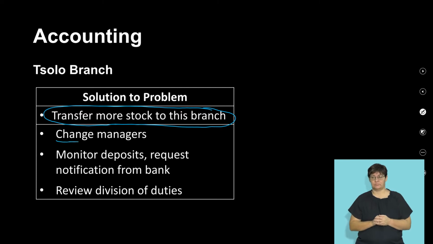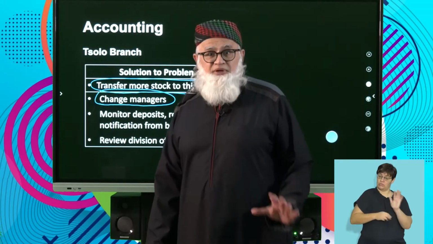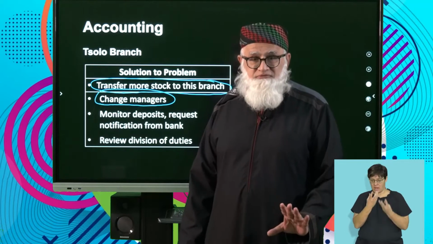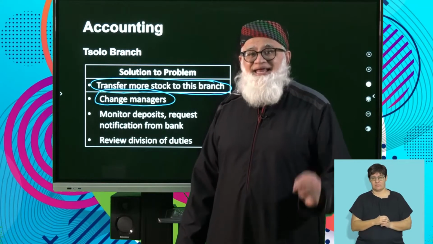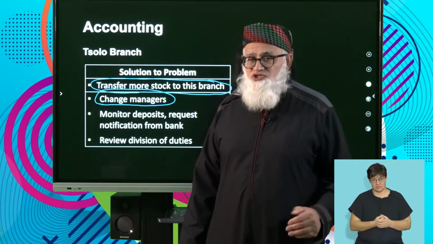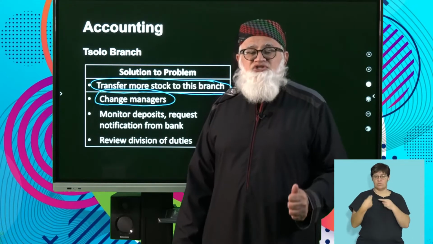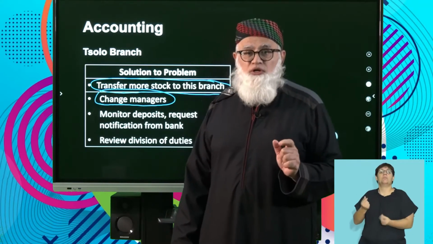Clearly, the manager is not doing what he or she is supposed to do, right? Because this means there's money being stolen from this branch. And that is definitely unacceptable in terms of the operations of that branch. The manager is responsible for that branch, and the manager needs to account for the money that is being stolen.